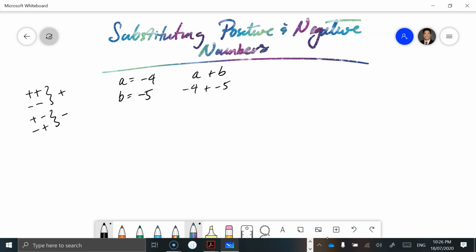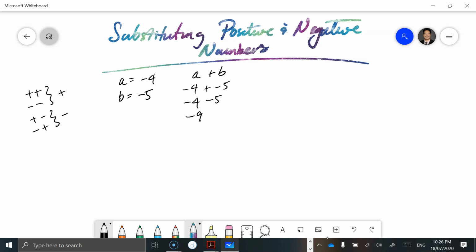If you try to cut corners too soon and too fast, you might make some mistakes. A positive and a negative makes a negative, and you really need to know which direction you're going. So we're starting with a negative, and then we're going further into the negatives, and so we finish off with -9. Really important that you don't make the mistake of thinking, oh, because we got two negatives, it makes a positive.